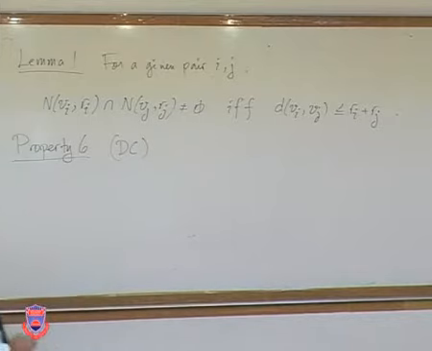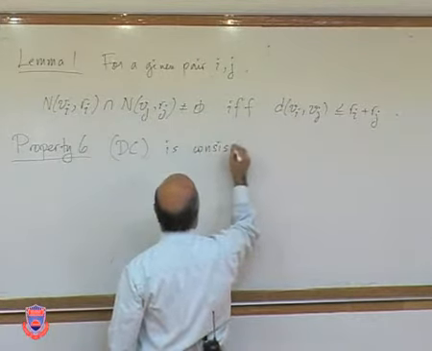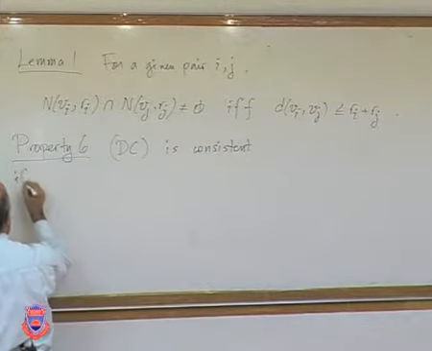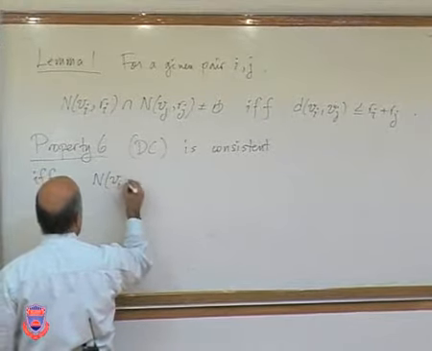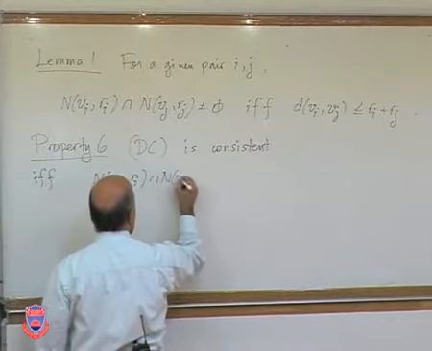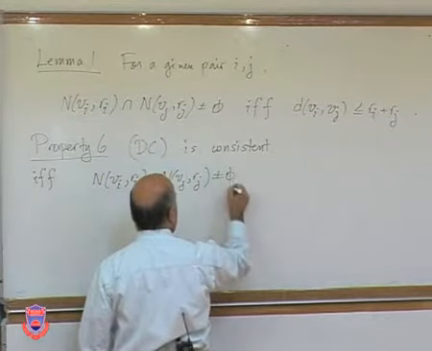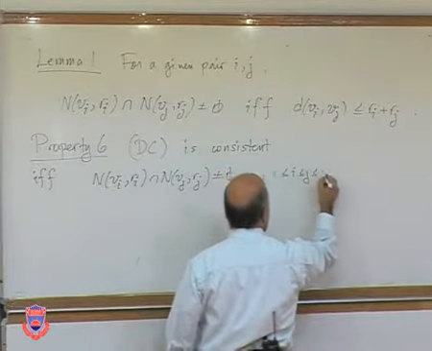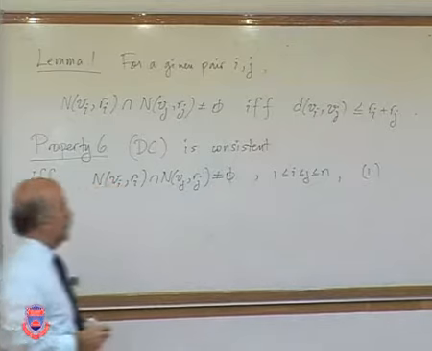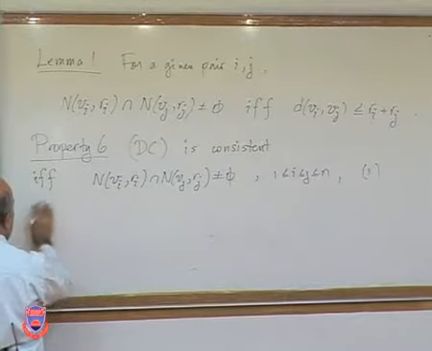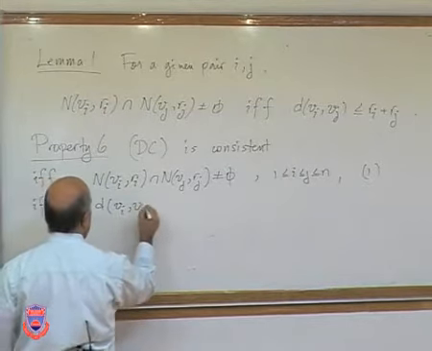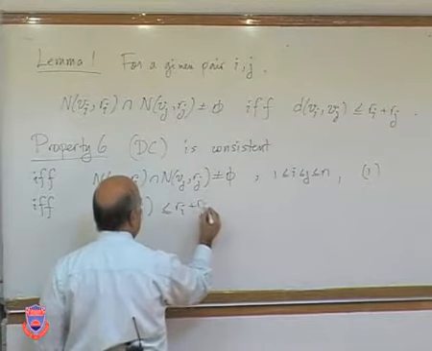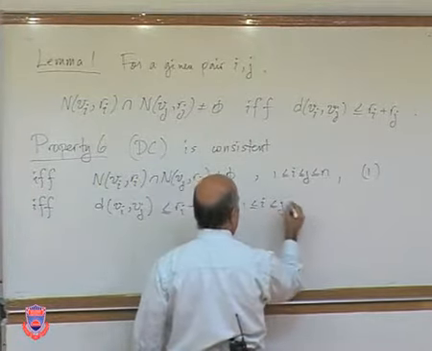The distance constraint DC is consistent if and only if every pair of neighborhoods has non-empty intersection, let's call that expression 1, which is true if and only if the distance between Vi, Vj is less or equal Ri plus Rj for every pair ij.